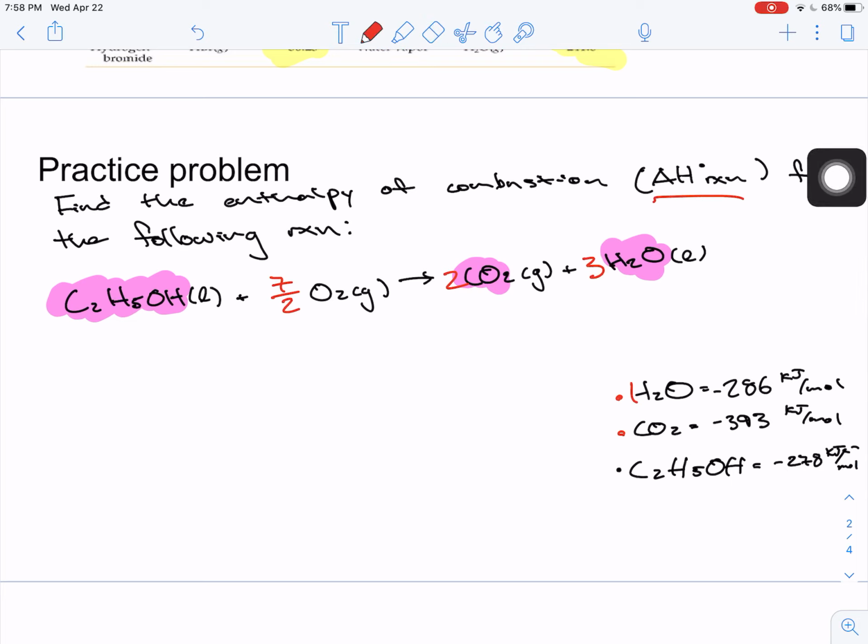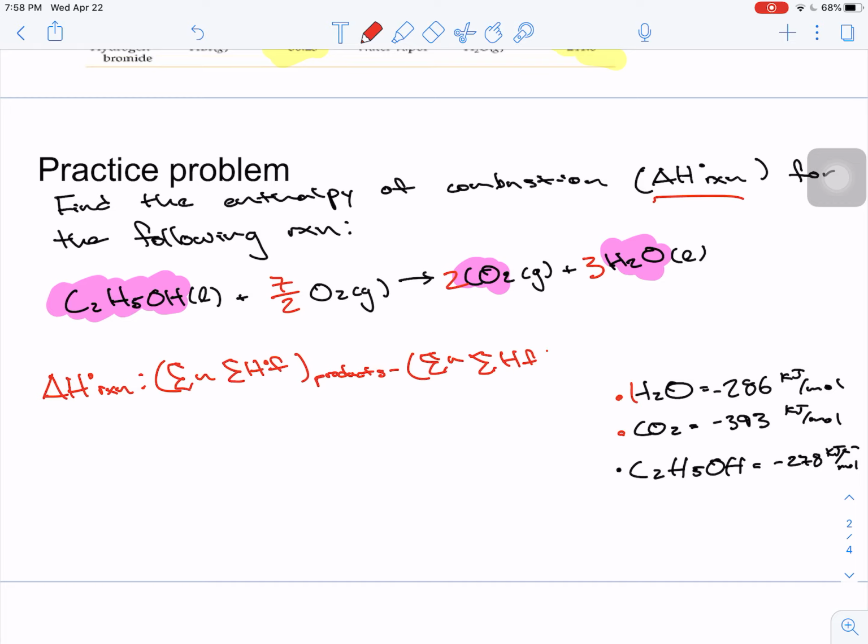The way you need to do these problems, okay, is the enthalpy of the reaction, or combustion in this case, but reaction is more general, is the sum of the moles times the enthalpy of formation for the products, minus the sum of the moles times the enthalpy of formation for the reactants.